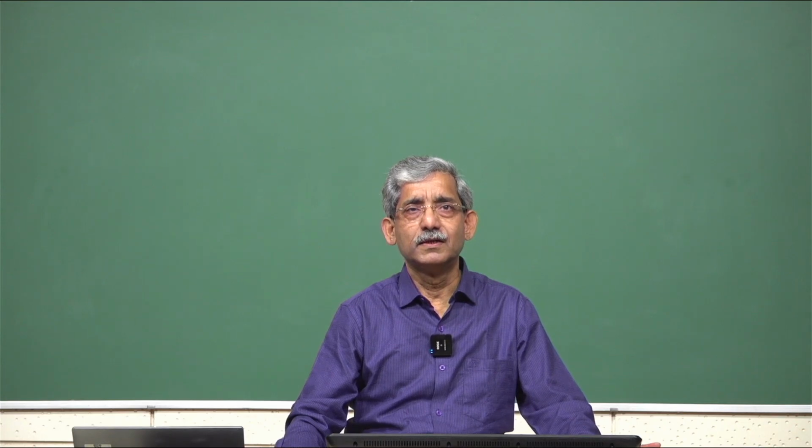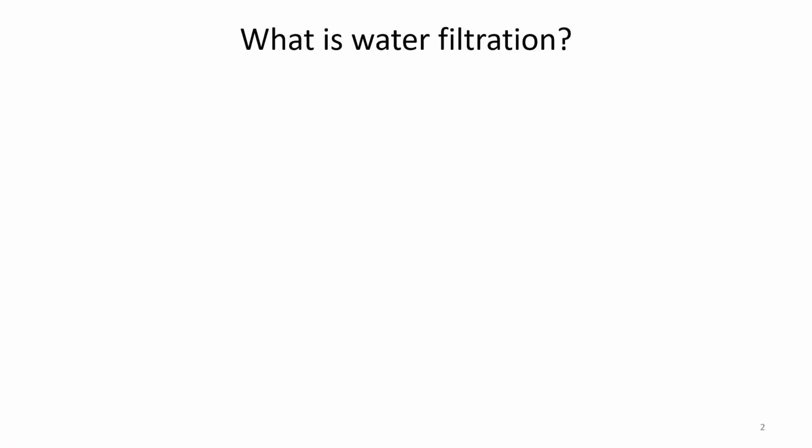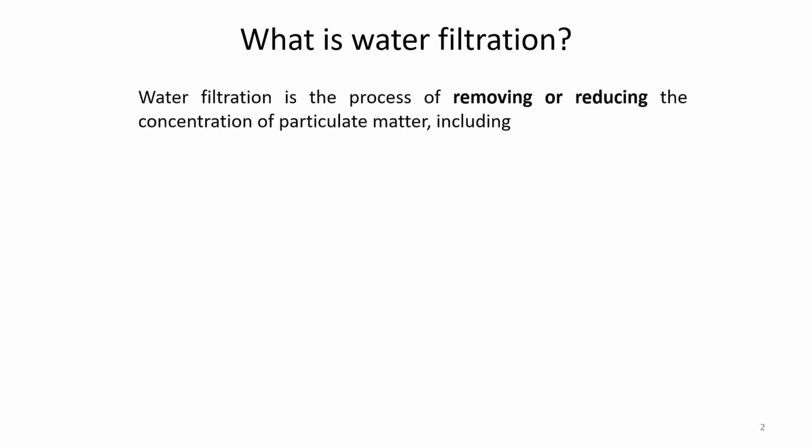First, let us try to understand what is water filtration. Water filtration is the process of removing or reducing the concentration of particulate matters. So, we have to remove them altogether, or sometimes, if it is not possible in one stage, we try to reduce it.